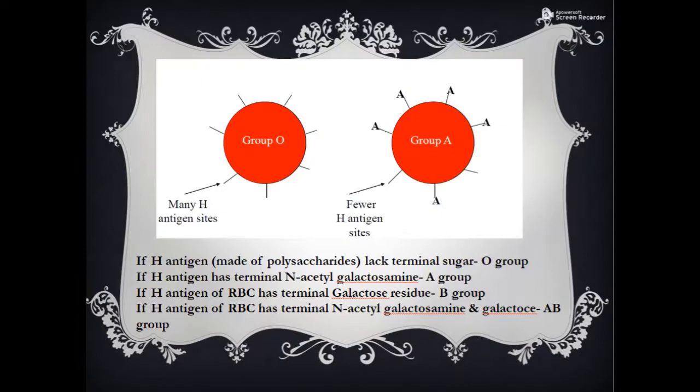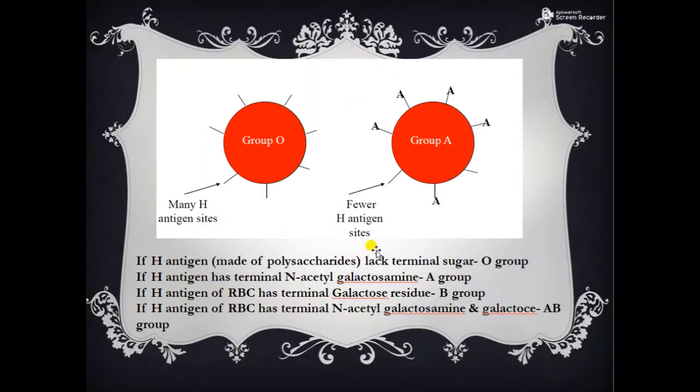Now, let me show you the difference between these blood groups. As I mentioned earlier, on the surface of the RBC there is an H antigen, the stick-like shape present here. On this H antigen, if there is a sugar made up of N-acetyl galactosamine, it constitutes the A antigen.